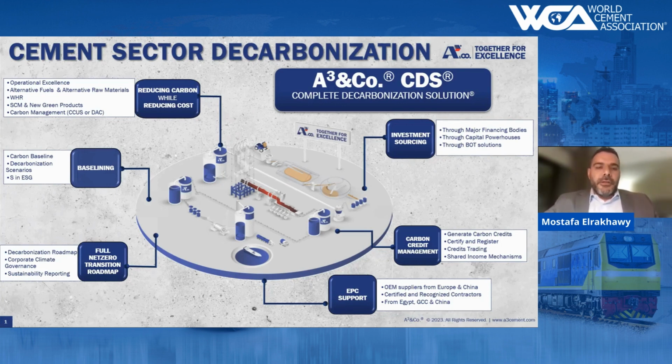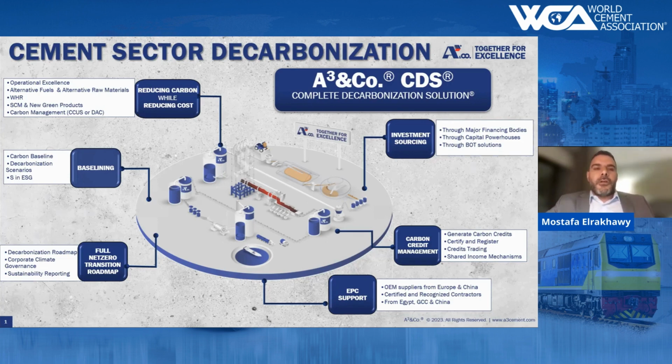And then after identifying this baseline, we get to know how much is the cement plant CO2 per ton clinker or per ton cement, and then we try to identify with the cement plants some measures to mitigate and to reduce this CO2 in the long term and in the short term through some projects.